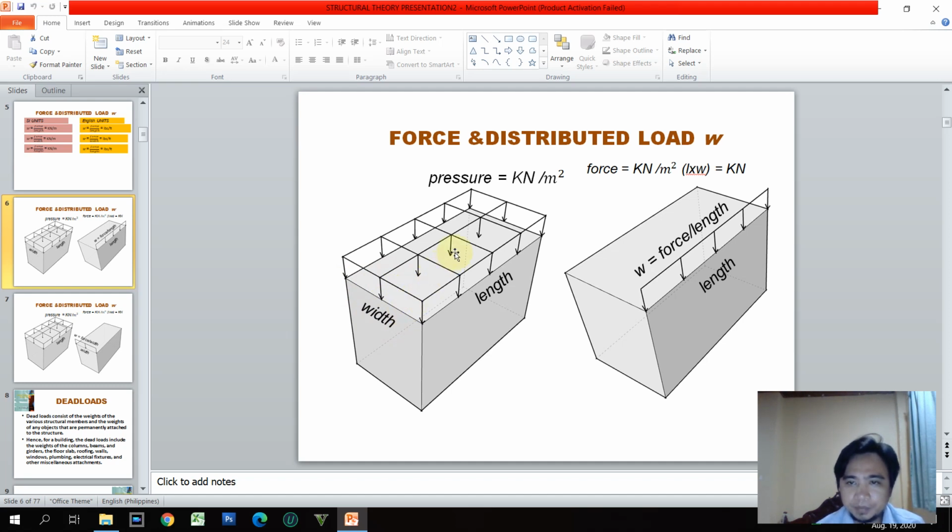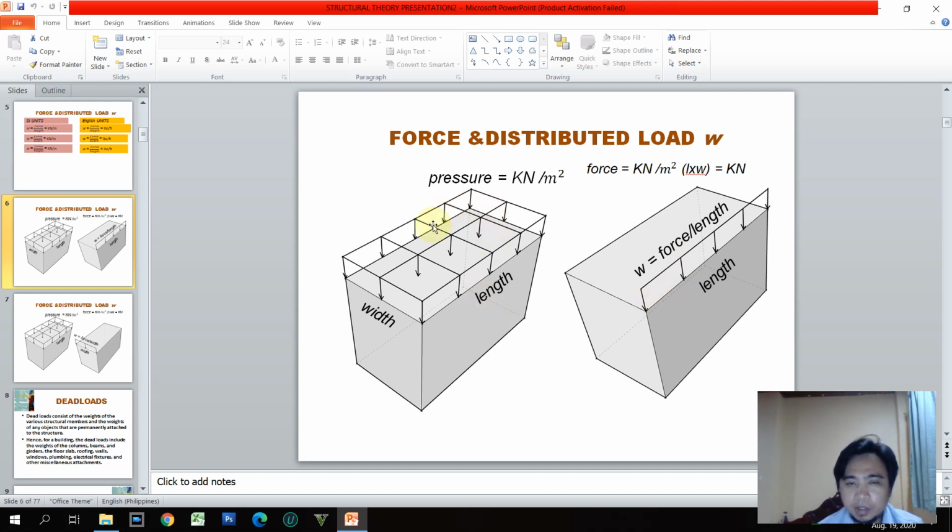Now to do that, we will derive the resultant force by multiplying it by the area to make it in kilonewton, and then divide it by where you want to distribute the portion. So therefore it should be that W is equal to force all over the length.